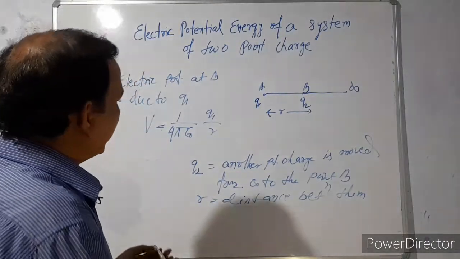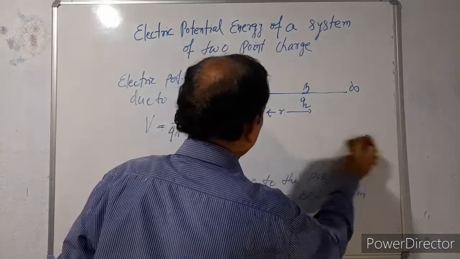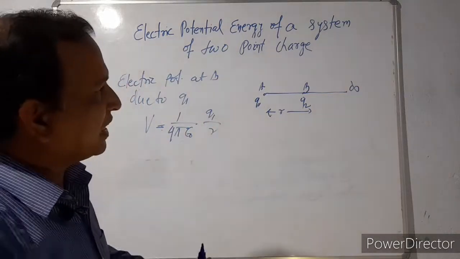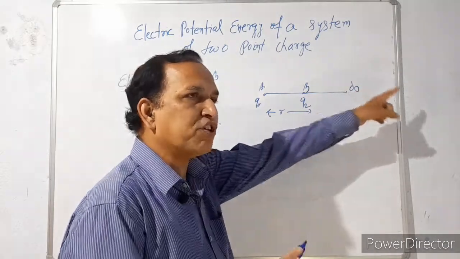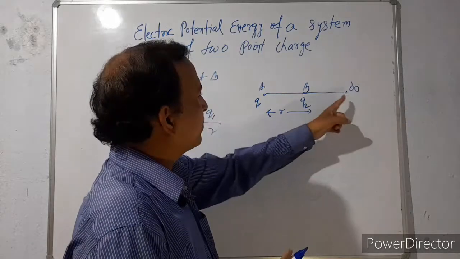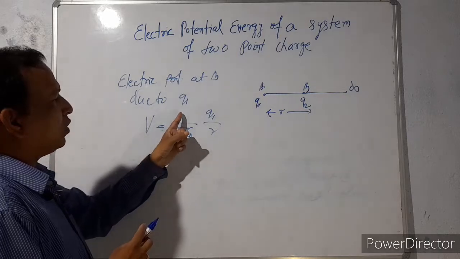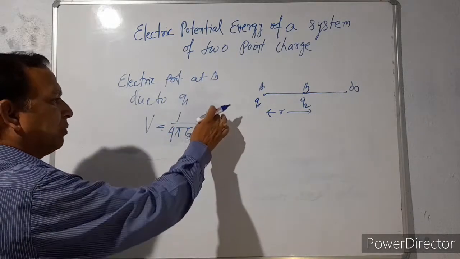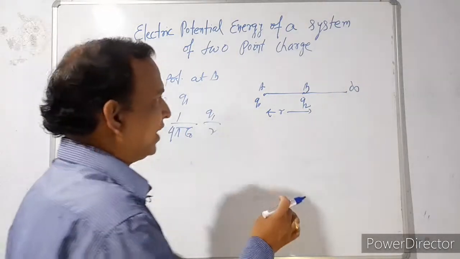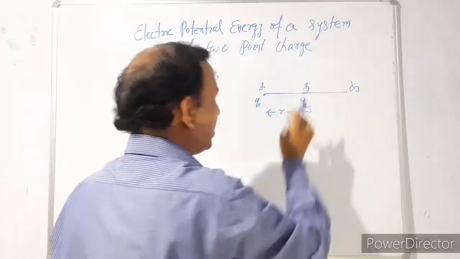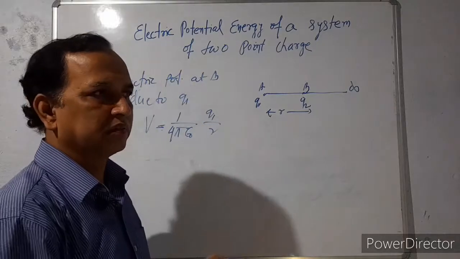Now, what is the potential at B? Instead of Q1, a unit positive charge is moved from infinity to B. So the potential at B is equal to 1 by 4 pi epsilon naught Q1 by R. But when this Q2 charge is moved from infinity to that point, some work has to be done.